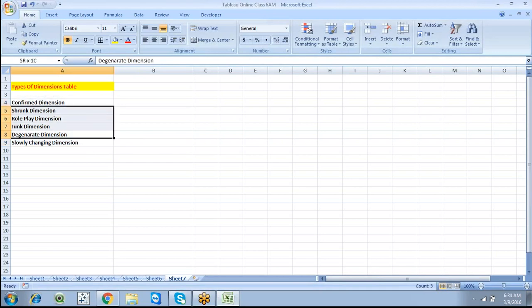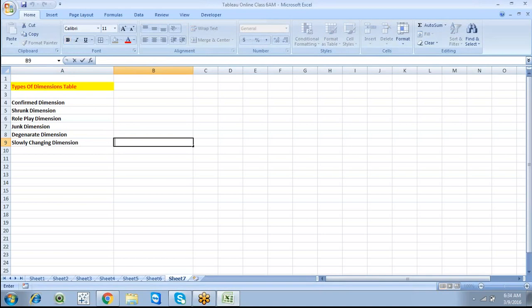These are the five types of dimensions. And the sixth one is very important: slowly changing dimension. What is meant by slowly changing dimensions? We also have different types of slowly changing dimensions, and we are going to discuss that part.